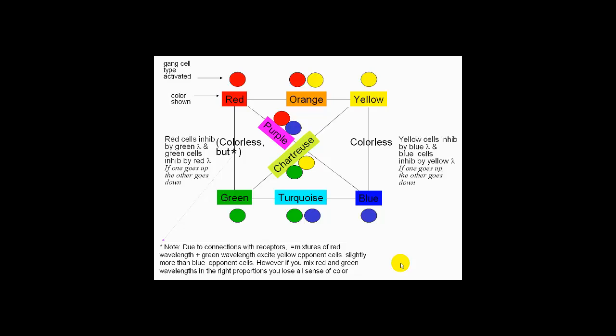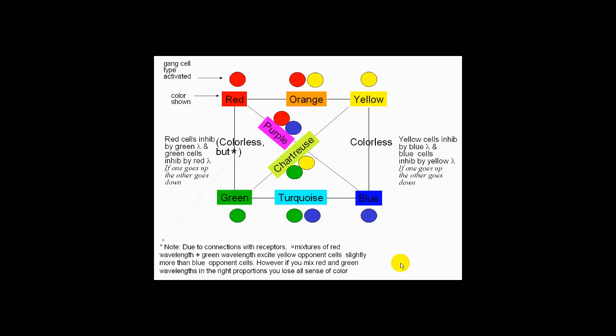This arrangement allows one to make a number of predictions. So if these are inhibited by green and these are inhibited by red, then if you have a combined red and green, they're going to balance out, and you're going to lose the sense of redness or greenness. You get a colorlessness. Similarly, over here on this side.